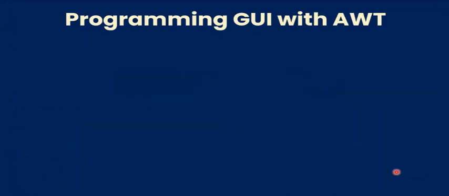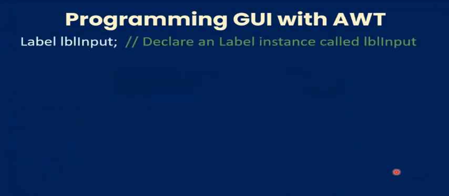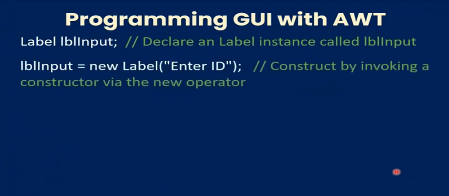Alright, so let's proceed. First, declare a label instance called lblInput. Then lblInput equals new Label, enter an ID, and construct it by invoking the constructor via the new operator. You will understand this better once we apply it.